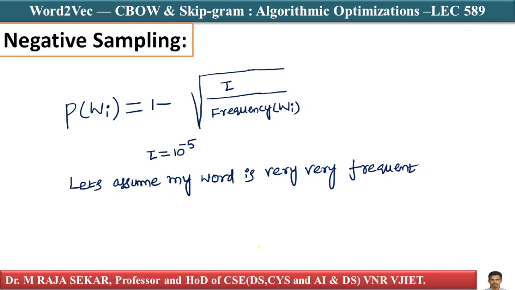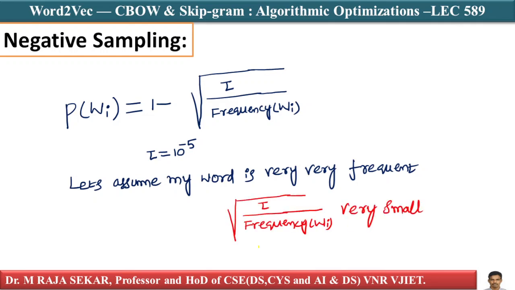There is a reasoning for this. If it is very, very frequent, the square root of tau by frequency of Wi becomes very small. In that case, 1 minus the square root of tau by frequency of Wi is very big, is high. And there is a reasoning why this form of probability is used.